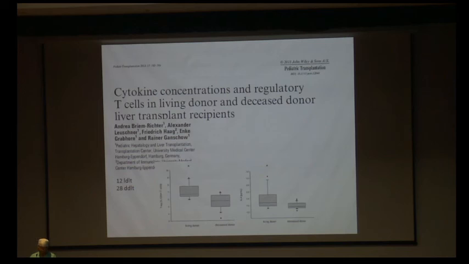But in this they looked at immunophenotyping, and they showed that regulatory T cells, which are immunosuppressive cells, are higher in live donor transplants, and IL-4 is again higher in live donor, which is an immunosuppressive cytokine. So they postulated that live donor will require less immunosuppression, but practically, although we have also seen, our patient profile is a bit different from other centers where in live donor transplant the patients are much more preserved. Till now in literature there is no concrete difference in number of rejection episodes in live donor versus deceased donor.